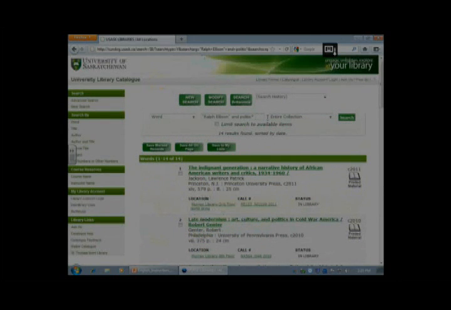You could do Ralph Ellison and politics, or politics or political or politicization. But this way, that asterisk is going to do the finding for you. All right, so that's another great way to increase your search results with a little bit less work involved. Make the catalog do some of the work for you.